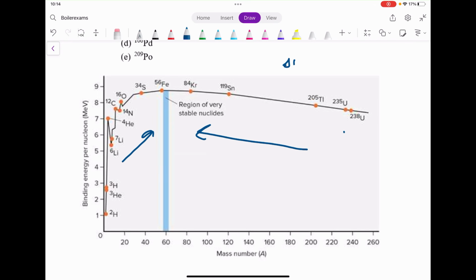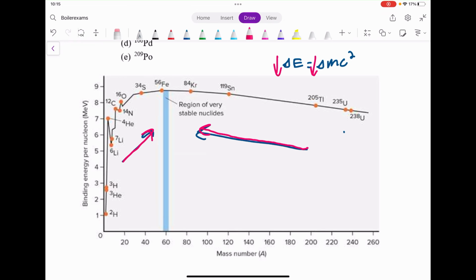And we know that delta E equals delta mc squared. So if you are releasing a ton of energy out of your system, your mass also has to go down. As you move this way on the graph, your mass is decreasing because you're releasing a ton of energy. Fusion is the exact same way.